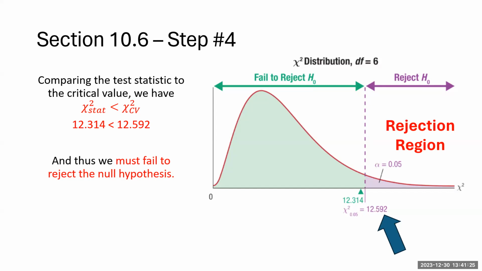In other words, I have to be more than 12.592 to reject. Unfortunately, I don't. If you look at the green, 12.314, it's less. It's not in the rejection region. It's in the fail to reject region. So that's the way the cookie crumbles here. We have to fail to reject the null hypothesis. All that hard work, and it's not enough.